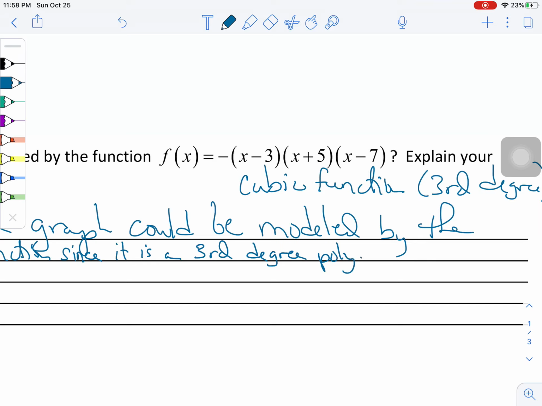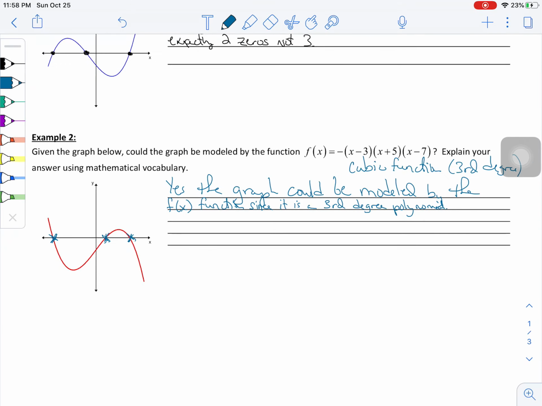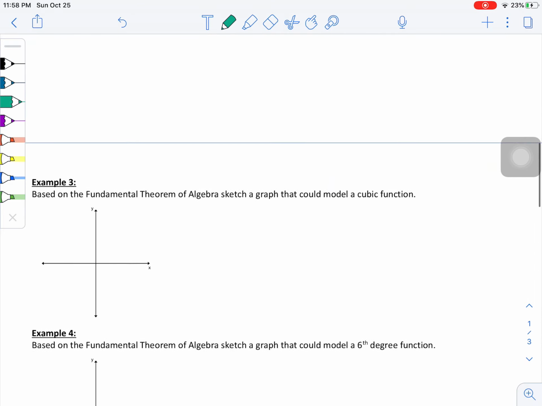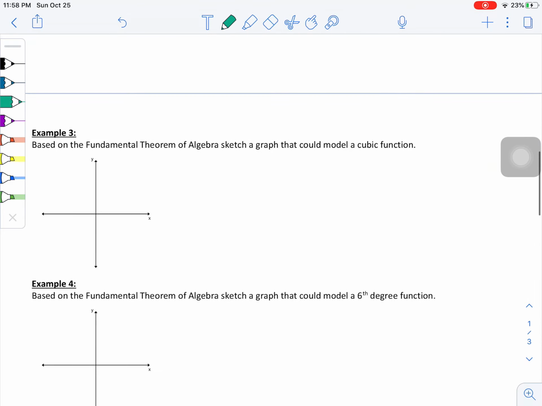Actually, I'll put polynomial. So absolutely, that graph could be modeled by that function. It's a cubic function. You go through the graph 3 times. Yep, we're good. All right, let's slide on down to example number 3.